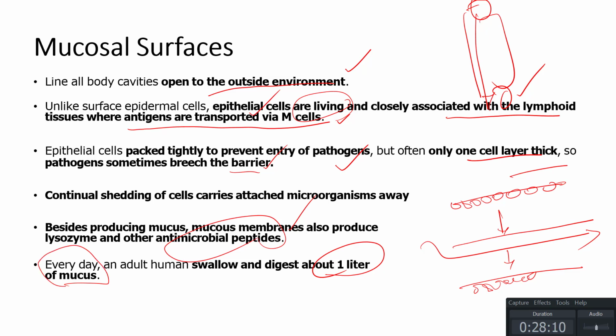So that is a really good example. Any human can swallow about 1 liter of saliva, because in that saliva we are talking about the mucosal secretions.